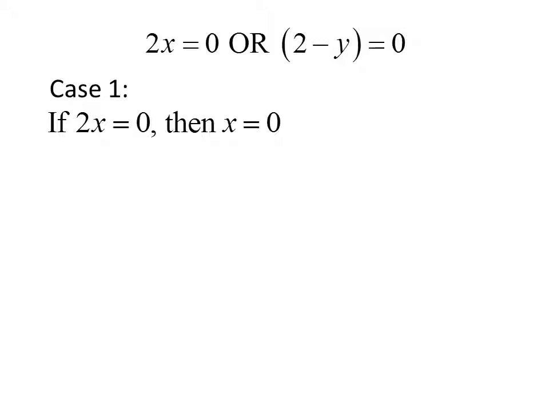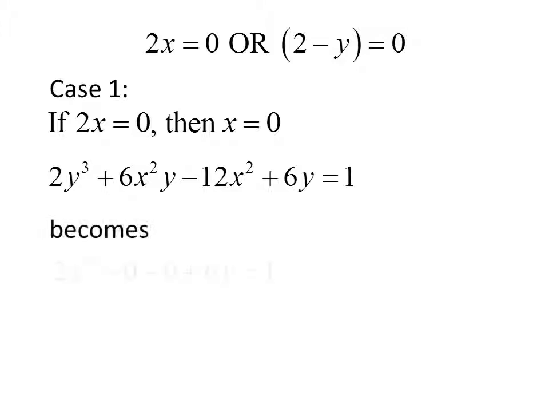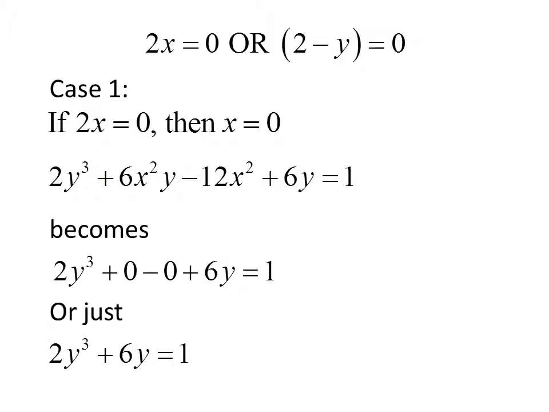Of course, to know the equation for that tangent line, we'll also need to know the y coordinate. So the original equation was this, but if we replace the x with a 0, it becomes that.